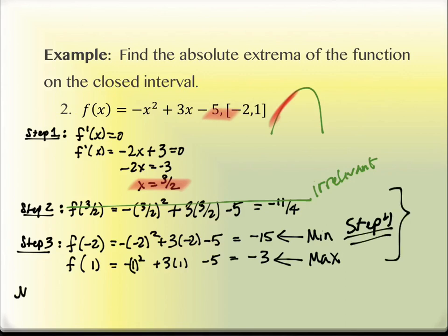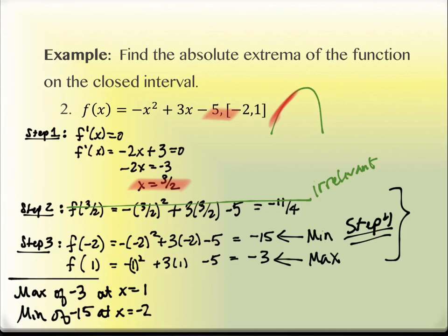So one option is to write down that I have a maximum of -3 at x equals 1, and a minimum of -15 at x equals -2, right? So that's one way to write the answer.